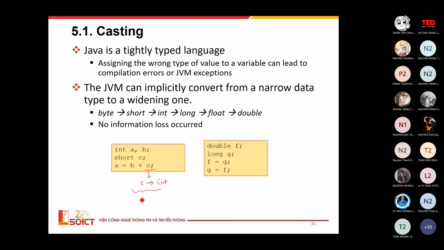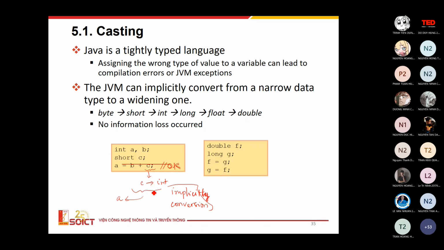Okay, and then it assigns this value to A, and this command is okay. Java will do implicit conversion for you in this addition.